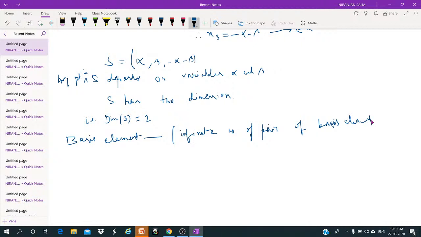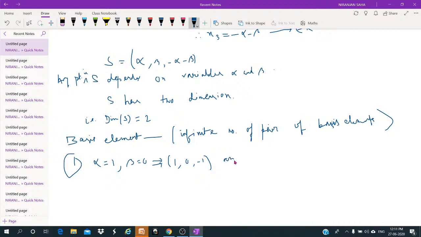So we can take one pair: alpha is equal to 1 and beta is equal to 0. Then this implies that one basis element will be 1, 0, minus 1.